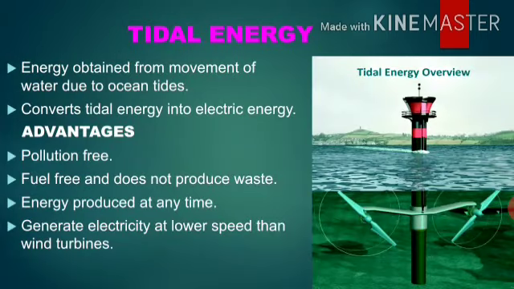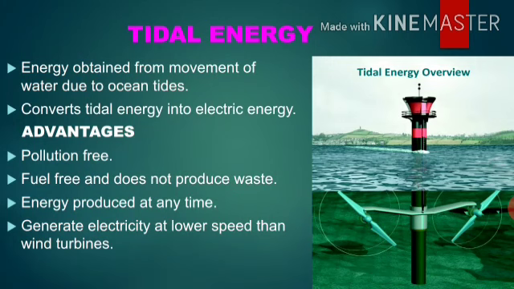The energy we obtain from the movement of water due to ocean tides. Most probably this tidal energy is obtained from the ocean. What is the process? It converts the tidal energy into electrical energy.